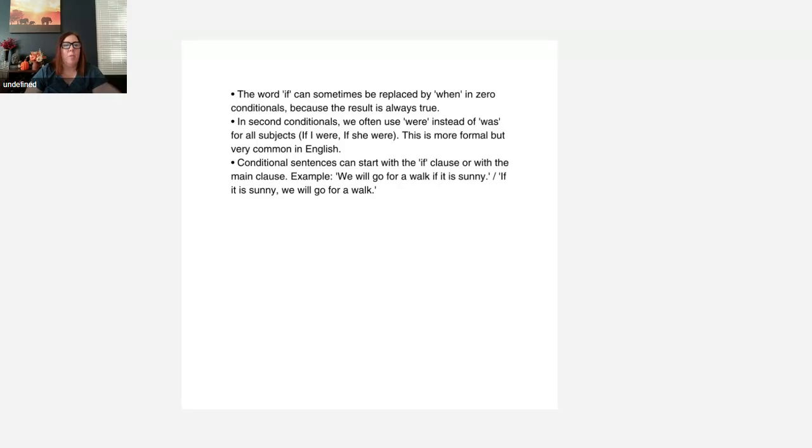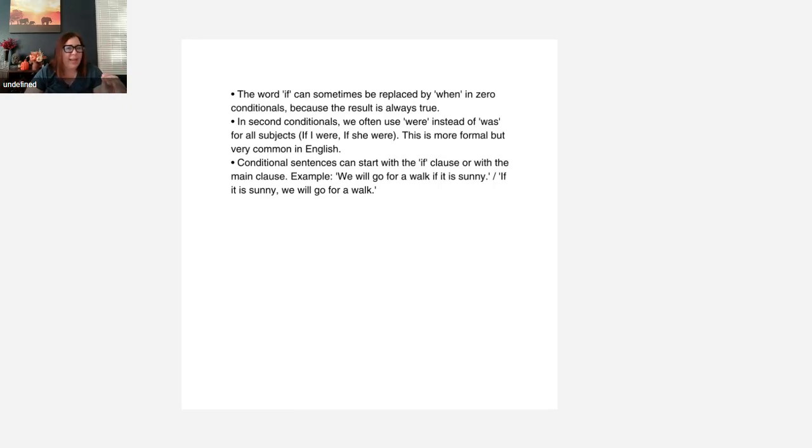I can say when. When you go outside without a jacket in the snow, you will be cold. See how I can replace if with when? I don't have to use if. Now, this is for zero conditionals.